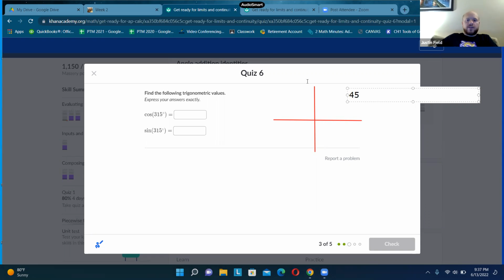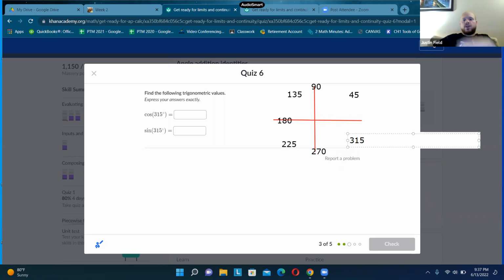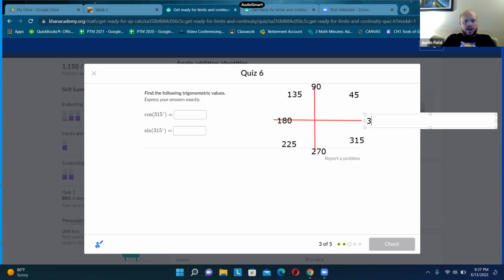So 45, 90, 135, 180, add 45 to that, 225, 270, add 45 to 270, you do get 315, don't you? Then if you add 45, that's 360. So 315 is one of our staple values.